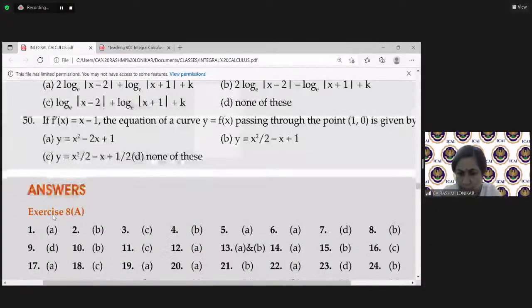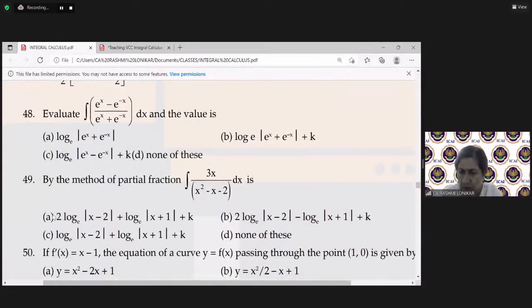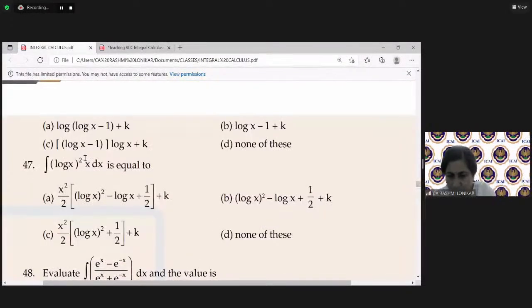Yeah, so see here, you can find out. Also, just one more thing, even if the sum says use the method of partial fraction, it is there for you to be able to do it easily. But if you find some other method easier, you can use any method, because it's an MCQ exam. So you can use any method and find the answer, so long as you get the correct answer, right?